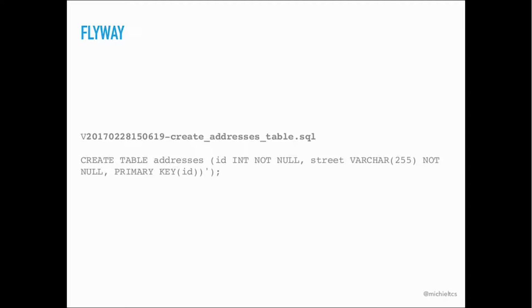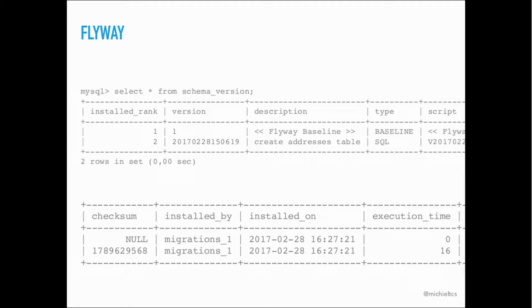Flyway is a Java application, but you don't write Java in Flyway. You just write simple SQL files, which are then applied, and there's a lot more information in your database versioning table. You see when it was done, by whom, what is applied, how long it took, all sorts of metadata that I find interesting and useful in some cases, which is why I tend to use Flyway more than other tools.